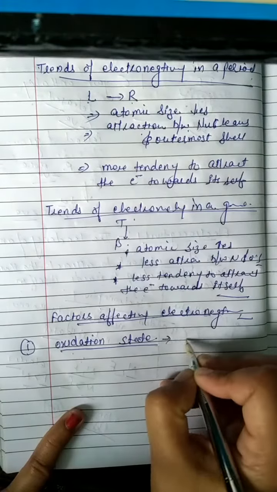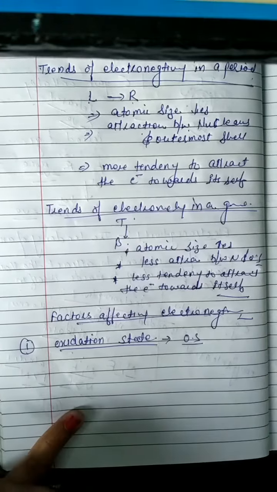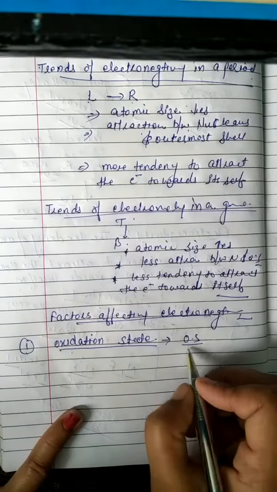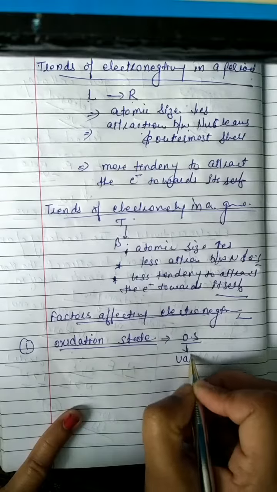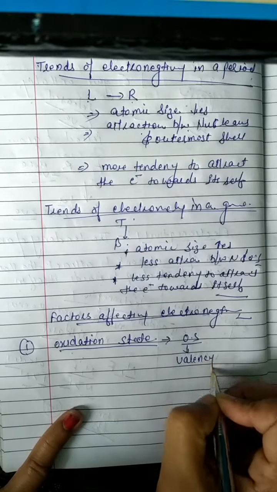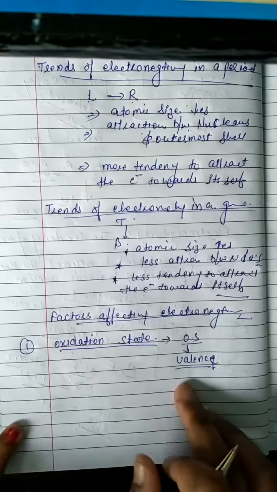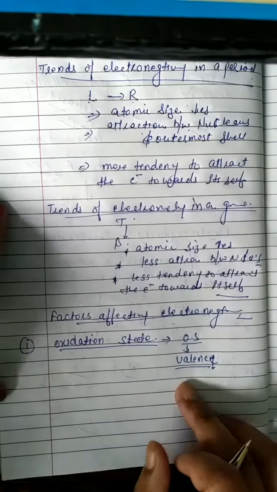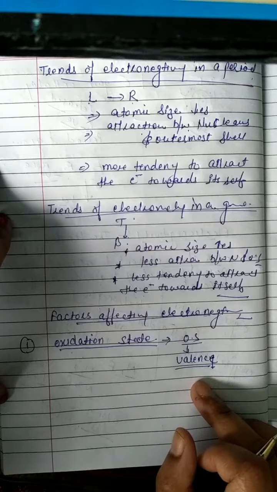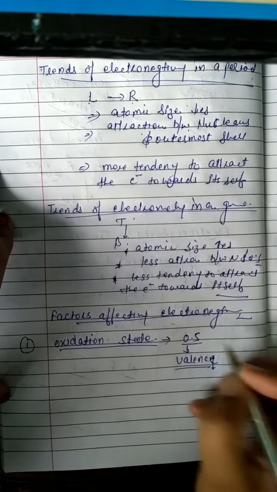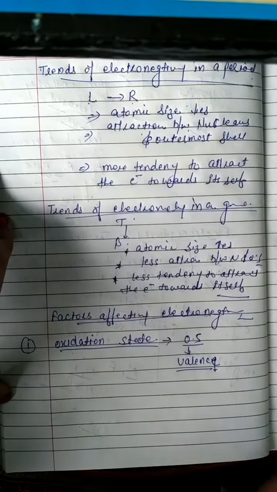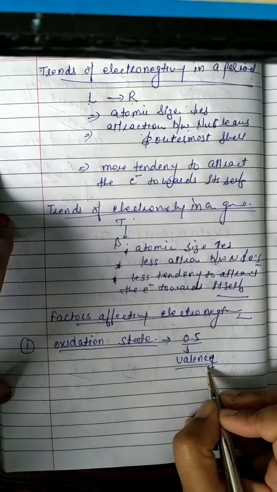What is the oxidation state? Oxidation state is similar to valence. Valence means the valency or the valence electron. In the previous class, 10th, we discussed the valency or the valence electron.